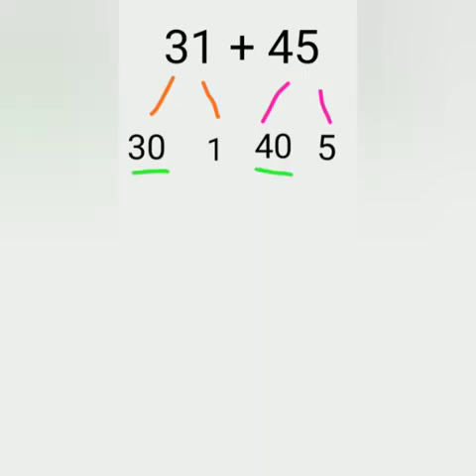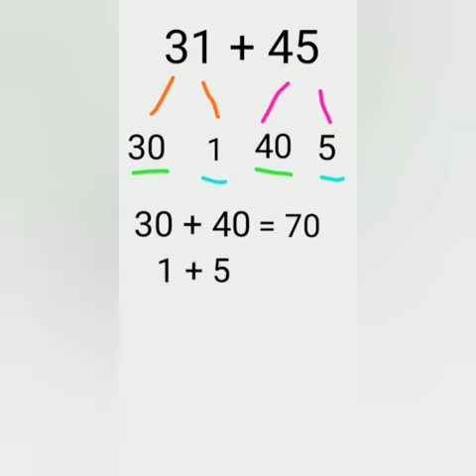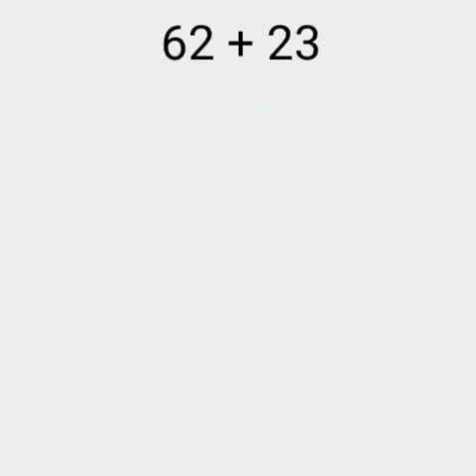We're going to add the 30 and the 40. 30 add 40 equals 70. What are we going to do next? That's right, add the 1 and the 8. 1 add 8 equals 9. Now we're going to add the 70 and the 9 to get our answer. 79. Excellent, Year 2.